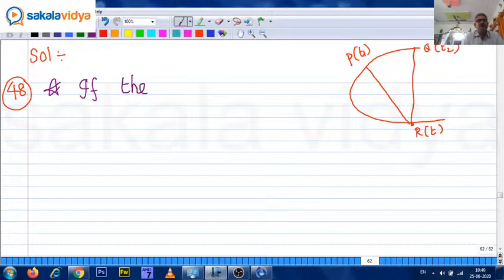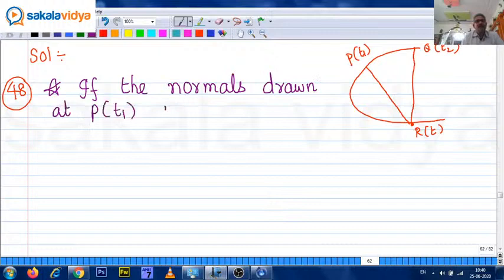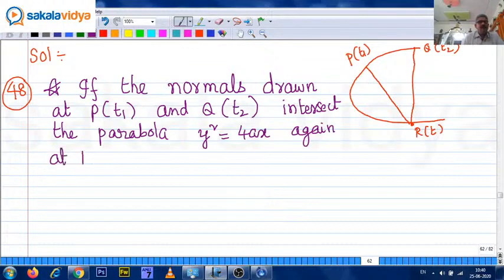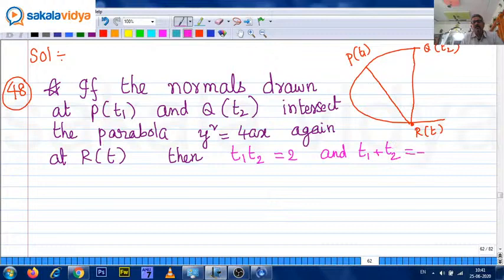If the normals drawn at P of T1 and Q of T2 intersect the parabola y square is equal to 4ax again at R of T, then we have this relation: T1 into T2 equals 2, and T1 plus T2 equals minus T. This relation you need to remember. This is a very, very important relation.